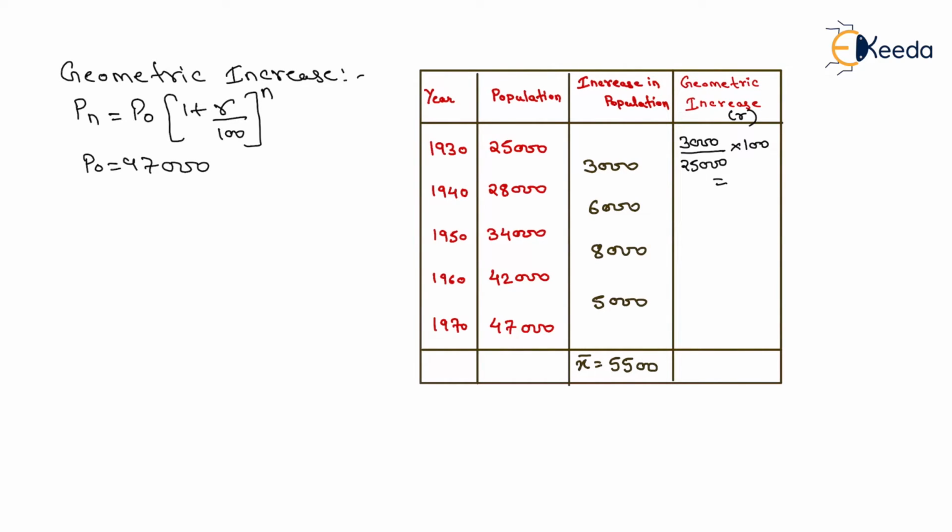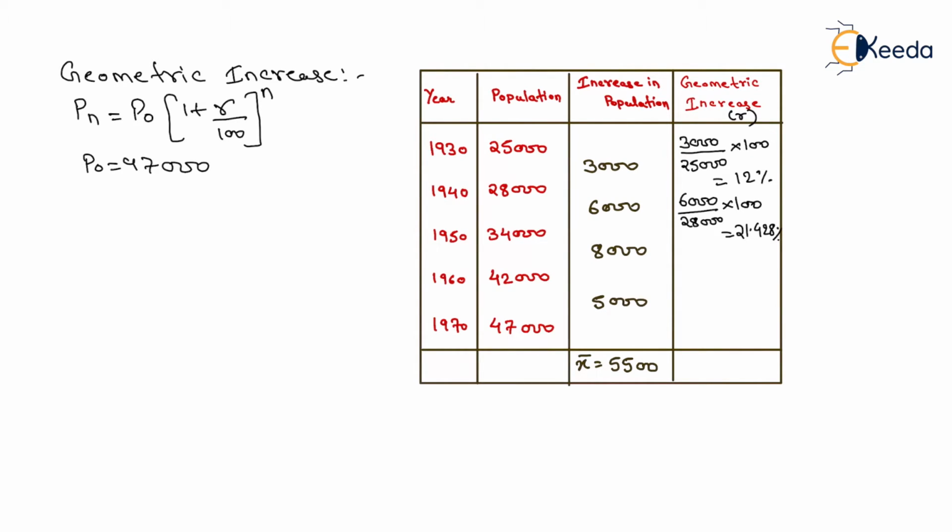It will be almost 12%. Similarly, if we divide the 6000 by 28,000, which is the initial population for 6,000, into 100, we will calculate the geometric increase as 21.428%. Clear?